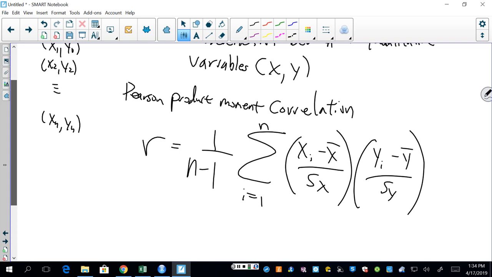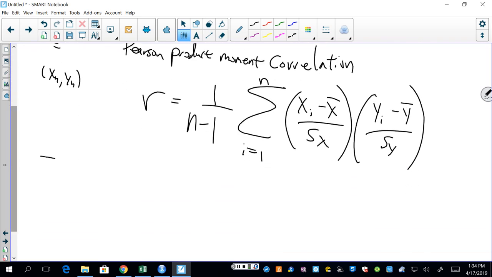This thing turns out to lie between -1 and 1. When it's 1, it's a perfect straight relationship. If R is pretty high, 0.8, 0.9, you're going to see a pretty strong relationship in there. If it's negative, then it's sloping down. There's a negative association.